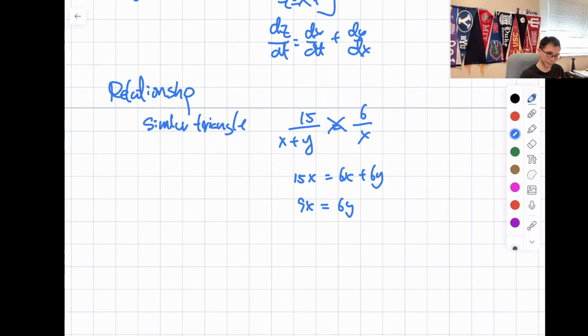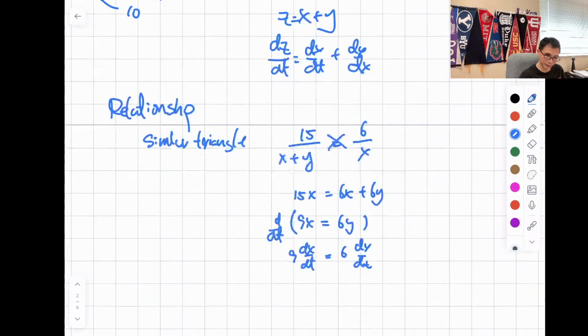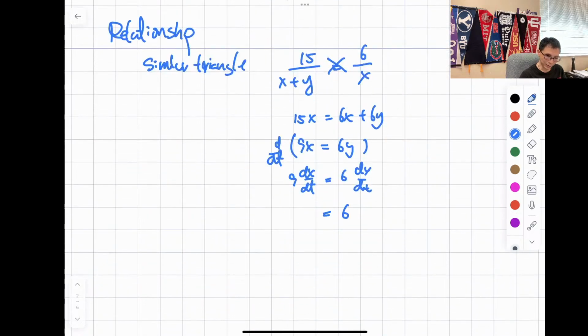And I can take the derivative with respect to time. So it'll be 9 dx dt equal to 6 dy dt. Now, which one do we have? We have dy dt. Okay, so that's 5. So it'll be 6 times 5 equal to 9 dx dt. And dx dt is equal to, I thought it's 5, right?